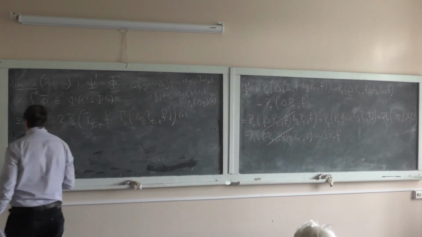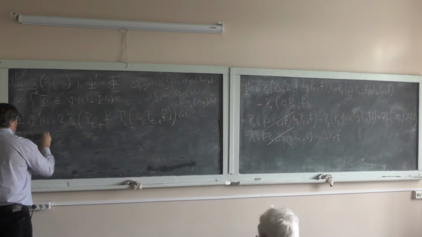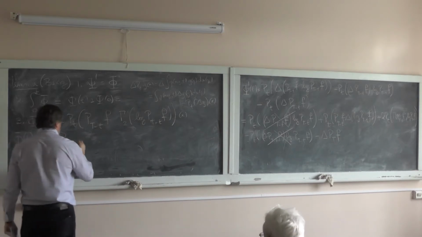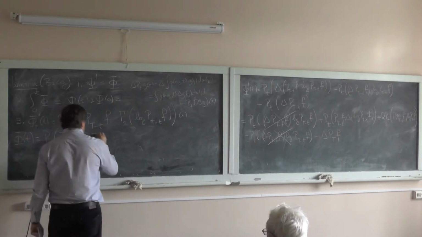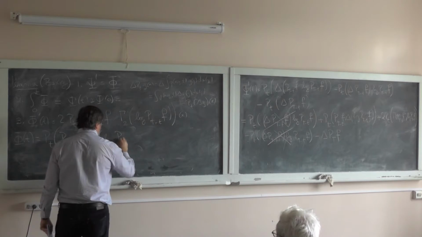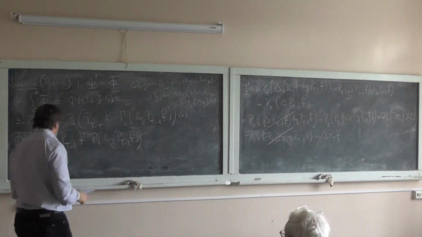Recall that phi of p is equal to pt of t minus t f gamma of log of t minus t f. Right?